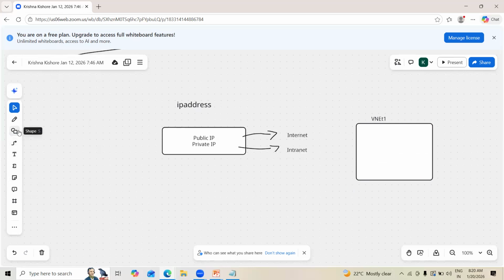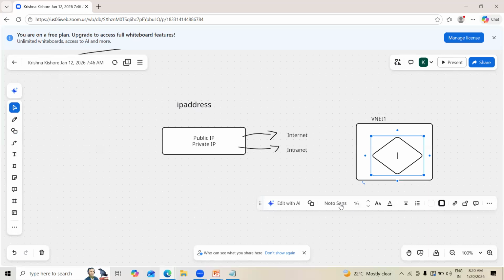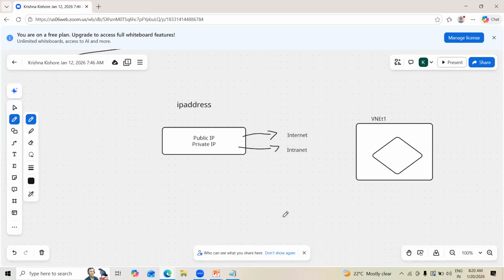I have some virtual machine here, and I try to connect to this server from my laptop.